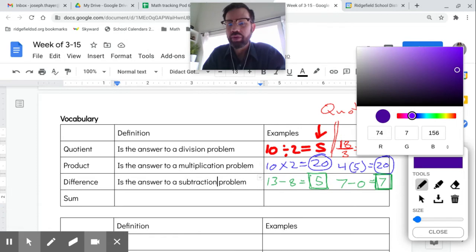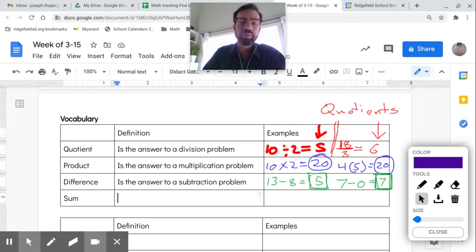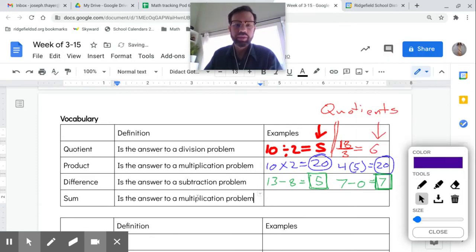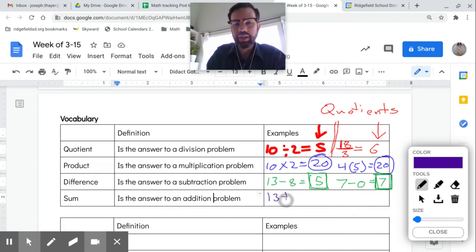Let's do one more different color. Sum is the answer to an addition problem. So again, we might say 13 plus 8 equals 21 is my sum.